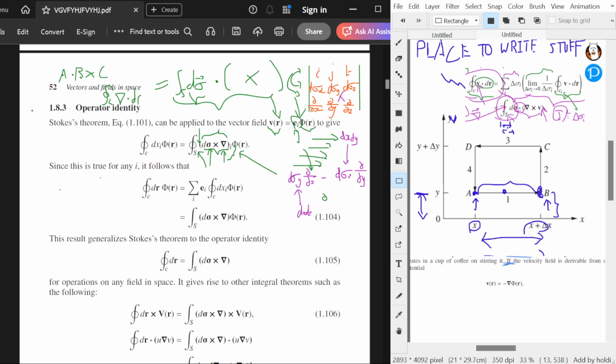So we have del. Wait, what? So the i component is this. If we cross off the stuff we want to cross off, we have del minus del. What? Del minus del?